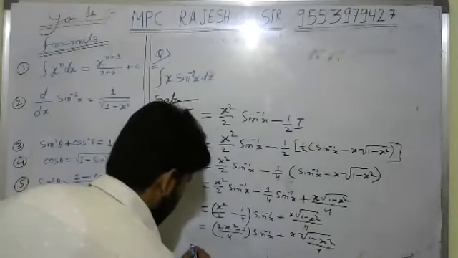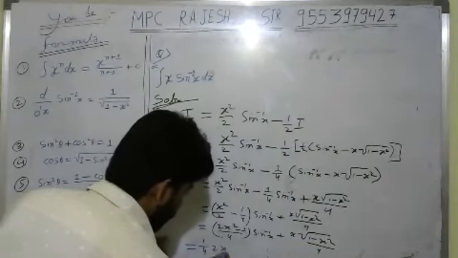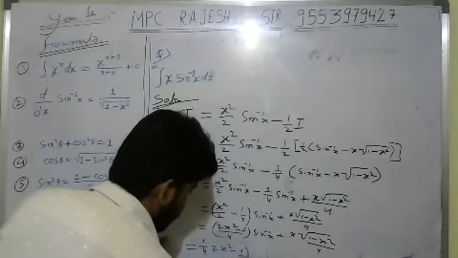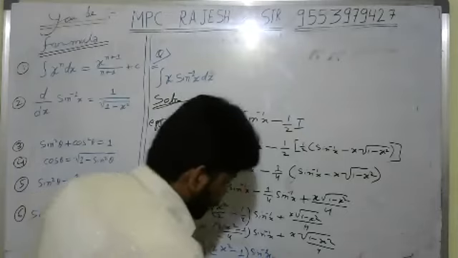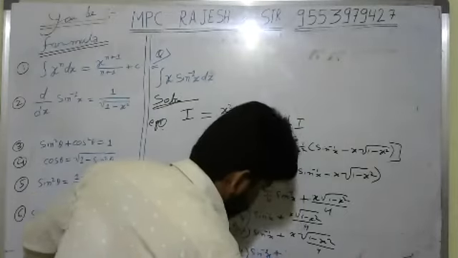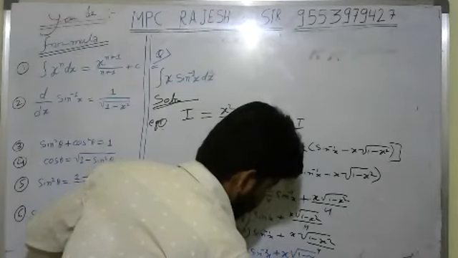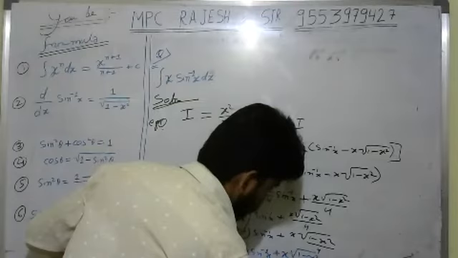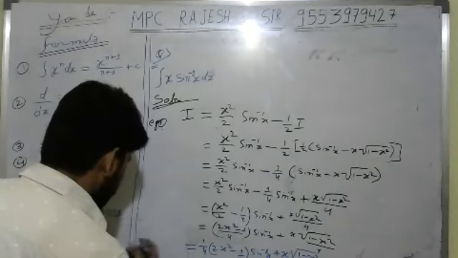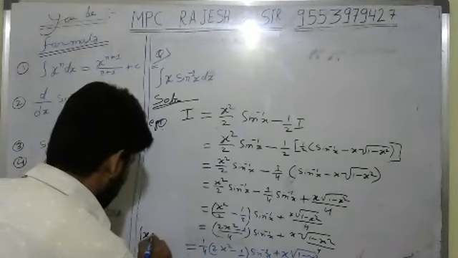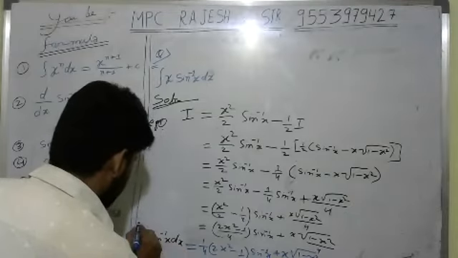Final result will become 1 by 4 of 2x square minus 1 sine inverse x plus x root under 1 minus x square by 4. This is your integration of x sine inverse x dx.